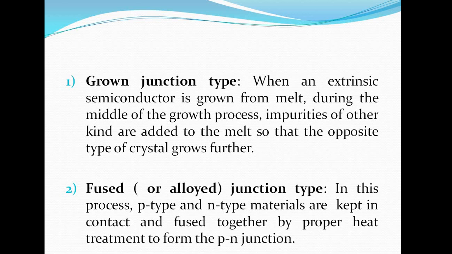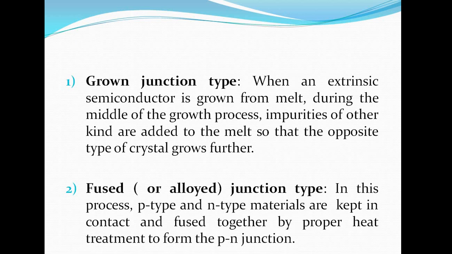In this growing process, we add N type pentavalent impurities, so N type material is formed. One side is P type and the other side is N type. These two are in contact, and it forms the PN junction diode.